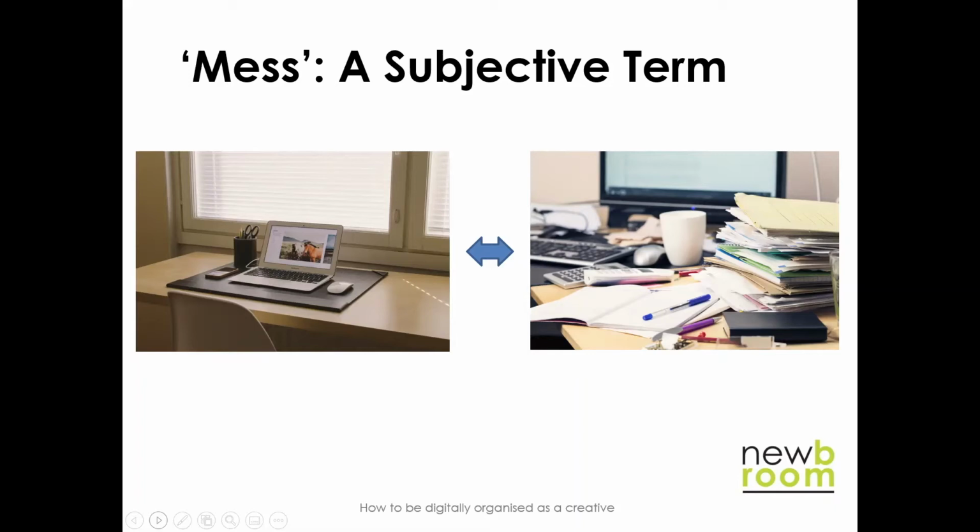And on the surface, it may seem that way, but there's a good chance that the person on the right can easily find a document when asked for it. Sure, the green folder, there's the document you're looking for, the one in the middle of the pile. Because the person on the right may not be visually sensitive.